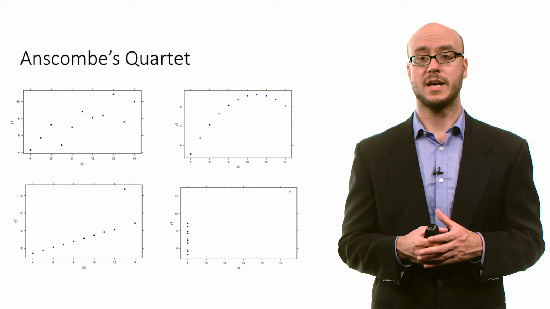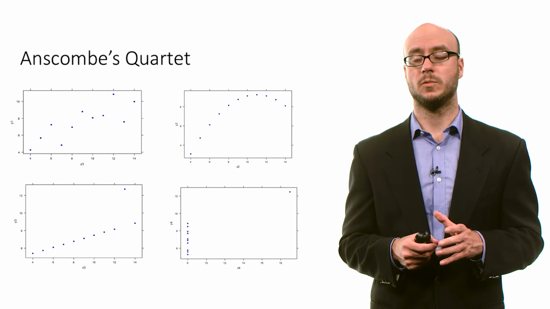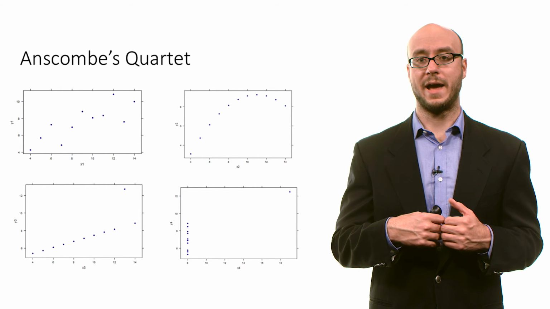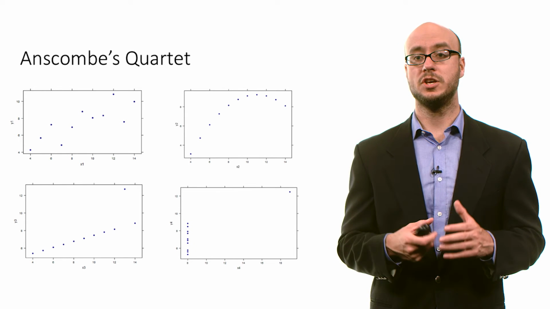In the second quartet, x2 and y2, we have a pattern that looks kind of like an upside down U. So the important point here is that you should always graphically examine your sets of data and be careful about correlation and covariance being sensitive to outliers.